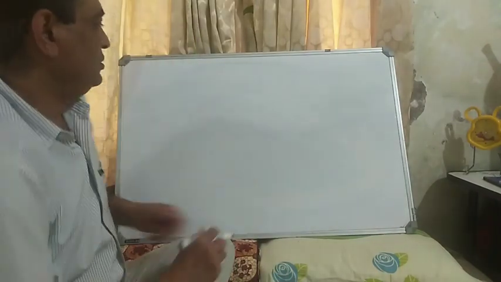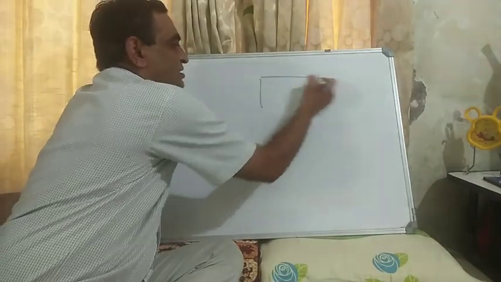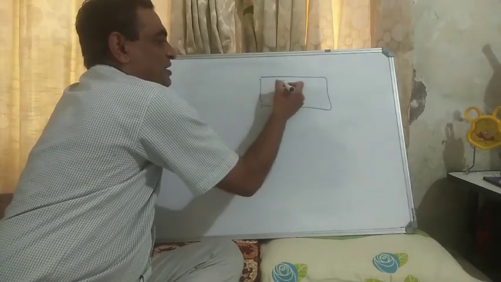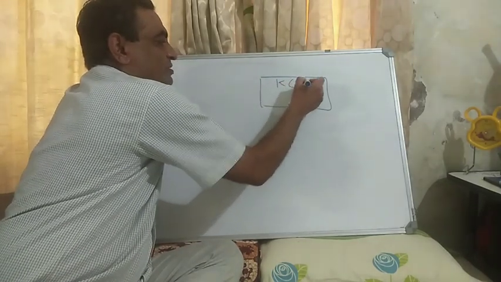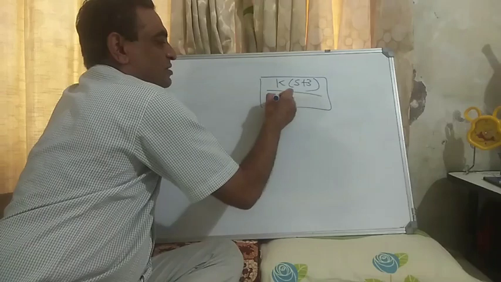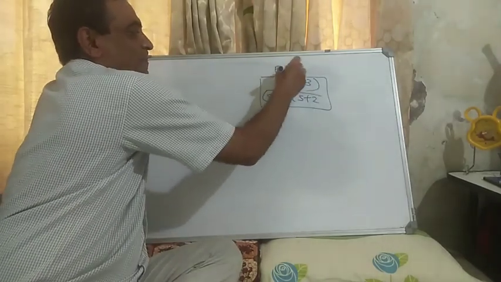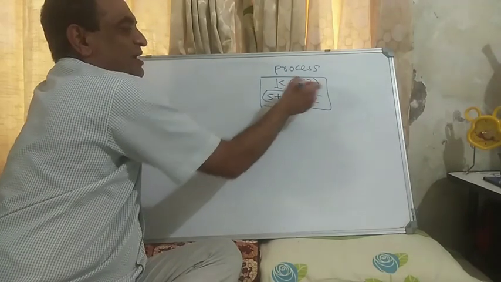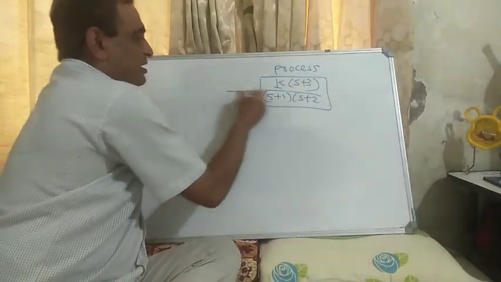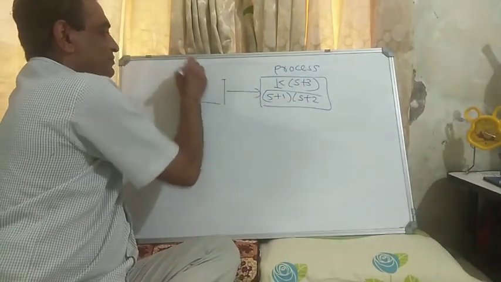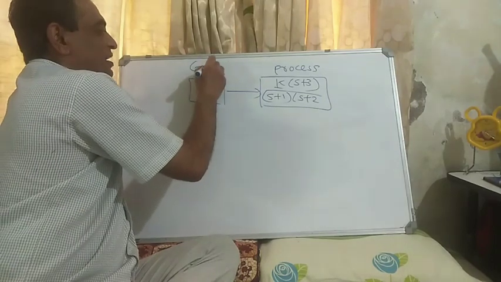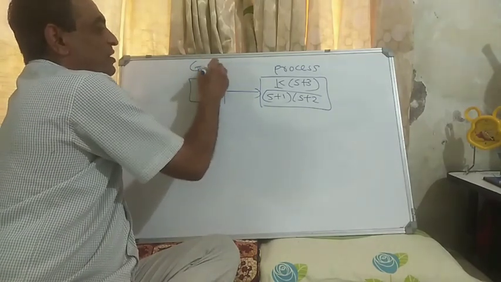Now, this is some open loop transfer function. Let's say K into (s+3) upon (s+1)(s+2). This is my process. So this is the steady state gain, and there are some poles and zeros, and this is the controller. You can say Gc(s), the controller transfer function.